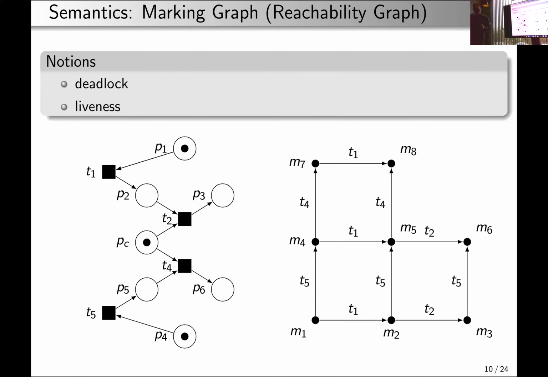We say that a transition is live in the net if from every reachable marking, I can reach another marking that enables it. So no matter at which state of the system I am, the transition can eventually reach a state in which it fires.